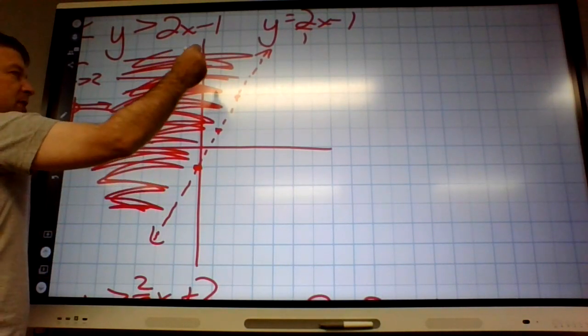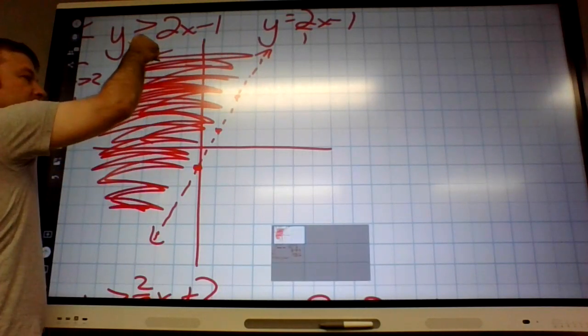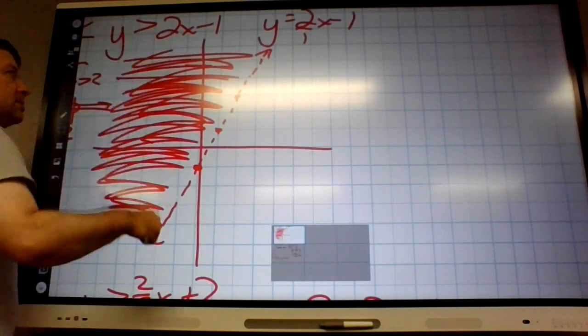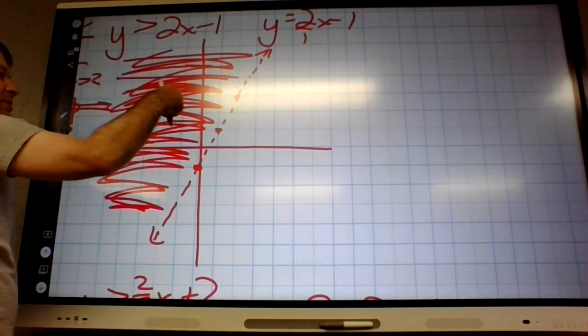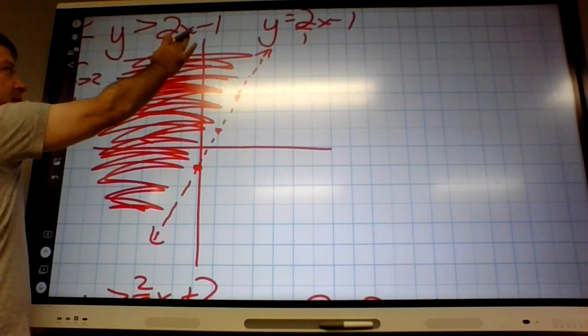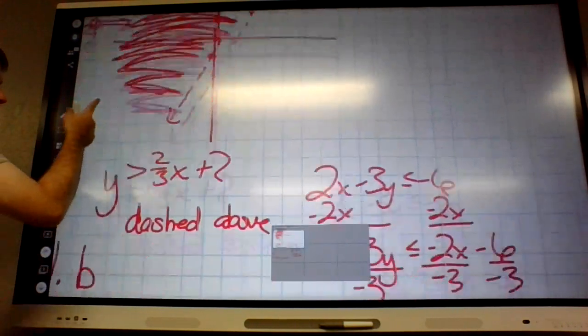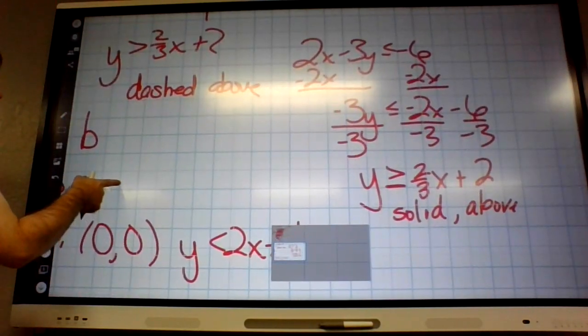Because all the points in this zone are a solution for the inequality, like negative 2, 1. If I plug in negative 2, 1, it will give a true statement, so that'll work. That's why we shade.